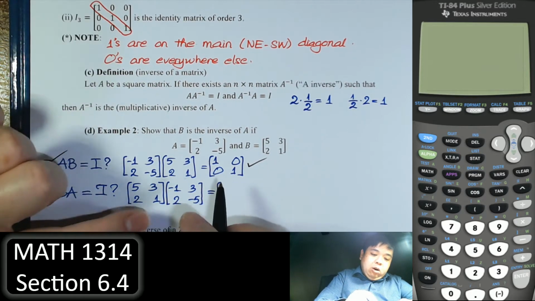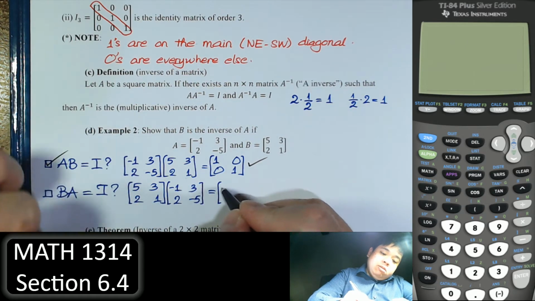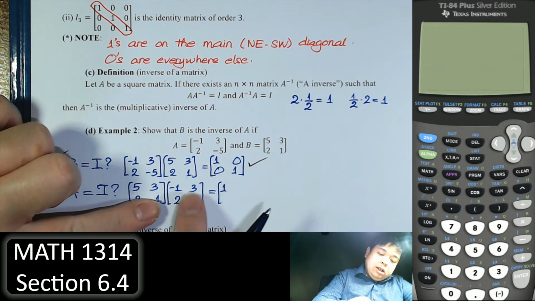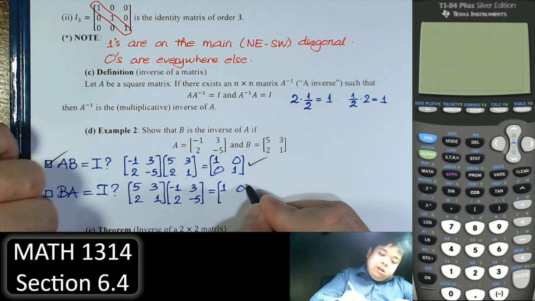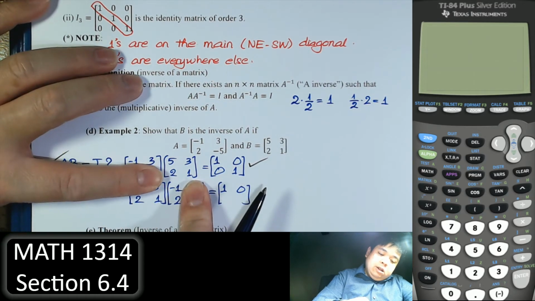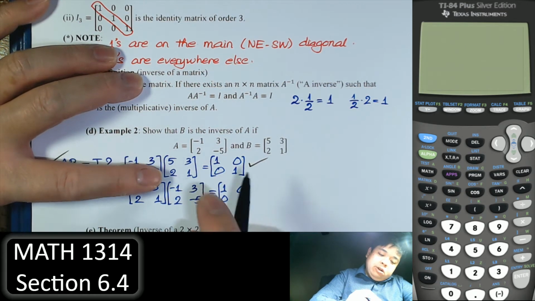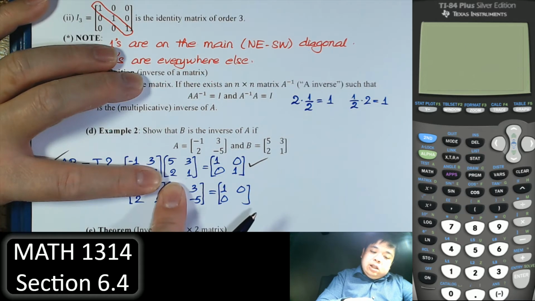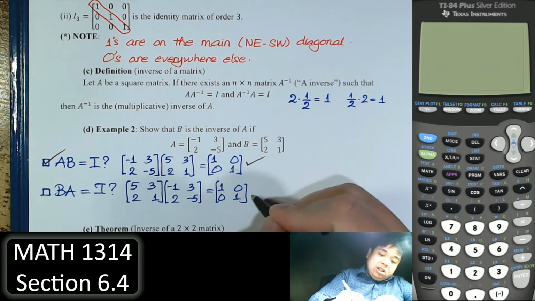Row times column: negative 5 plus 6 is 1. 15 minus 15 is 0. Negative 2 plus 2 is 0. 6 minus 5 is 1. So this is once again the identity matrix.